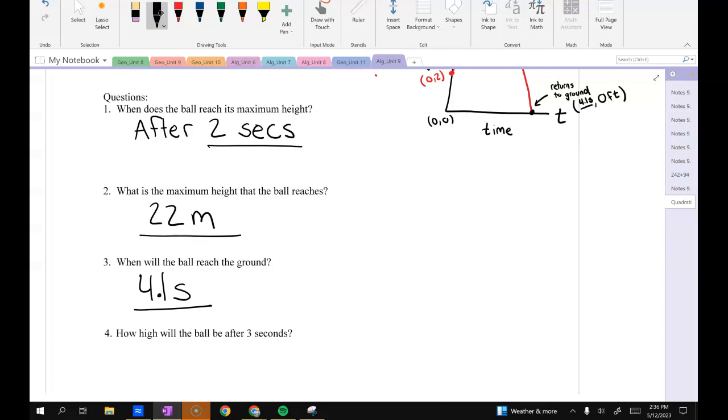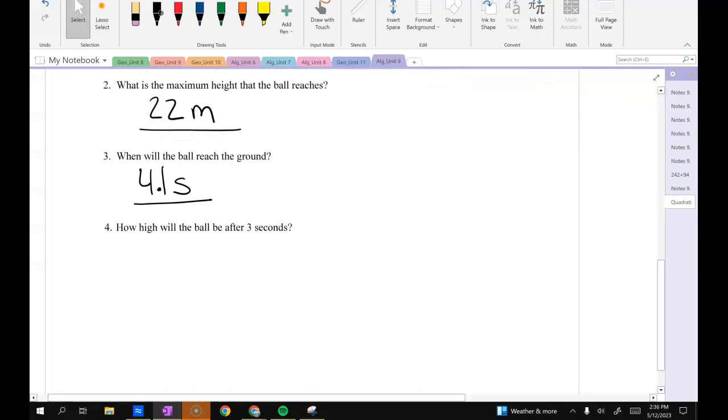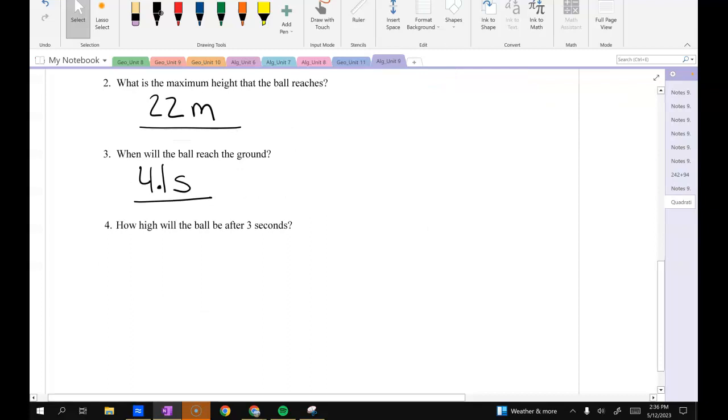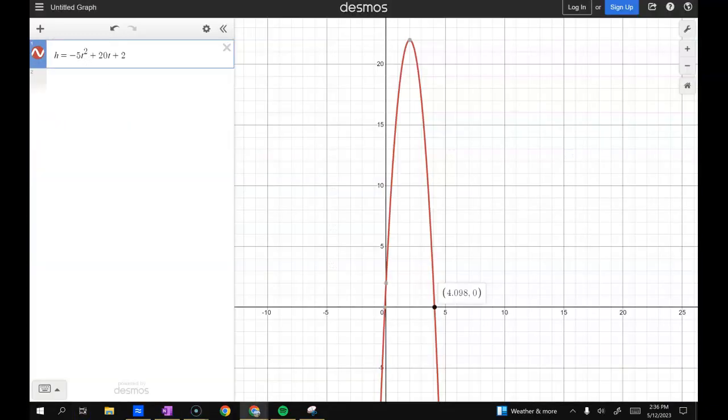41 point exactly. So how high will the ball be after 3 seconds? We're going to go back to our graph. If on Desmos, if you follow along the red line with your arrow, both your numbers will change. Remember, your first number has to do with time, and then your second number has to do with height.